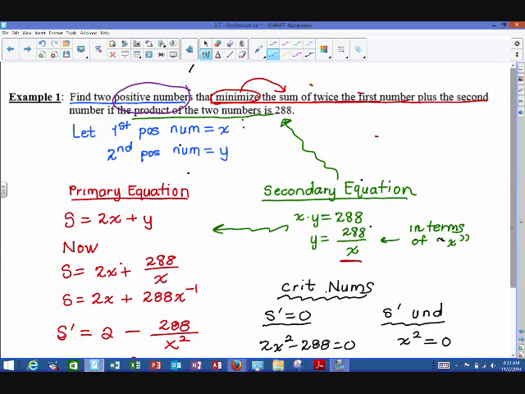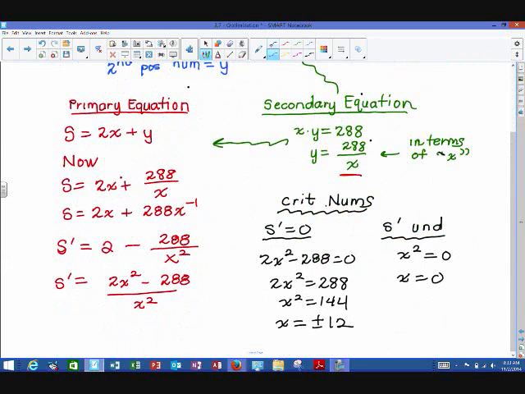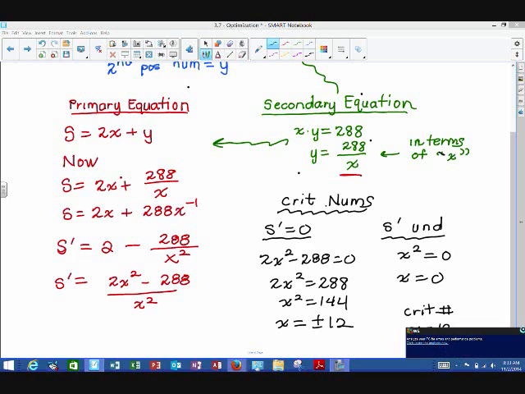If we look back at our critical numbers, we're going to say, wait a minute, 0, you're not positive. Negative 12, you're not positive. So really our only critical number is x equals 12, which is kind of a good thing, because if that's the only critical number that we have, then that's probably going to be the only value that we'll end up using, and consequently will probably be one of our answers.